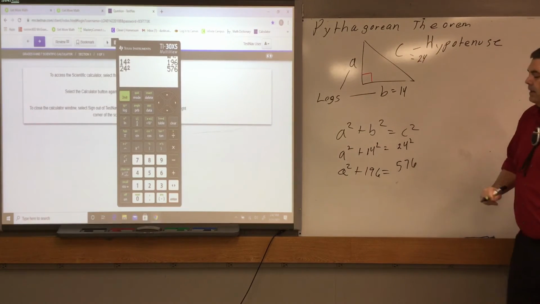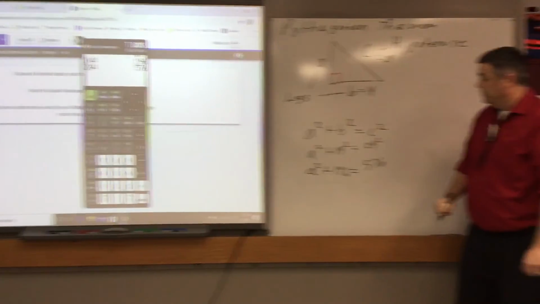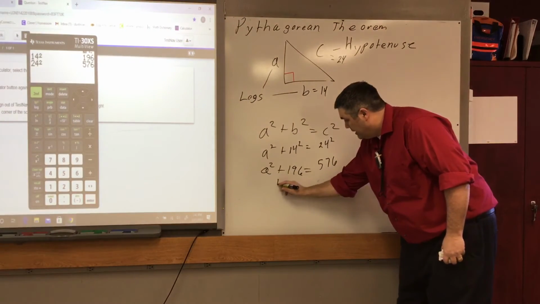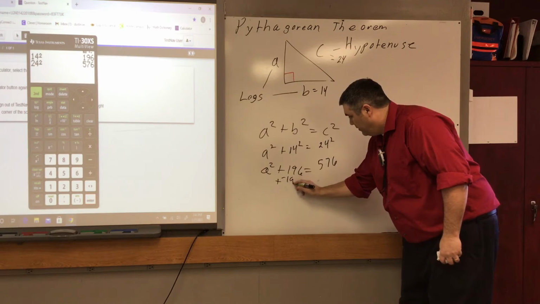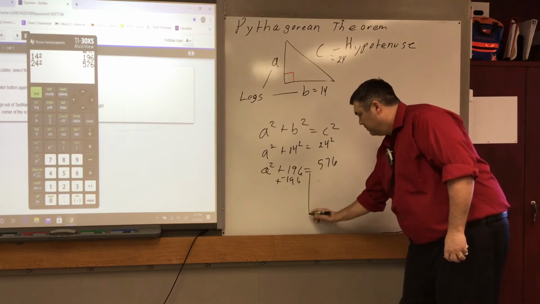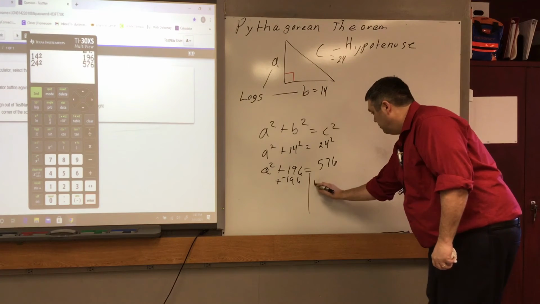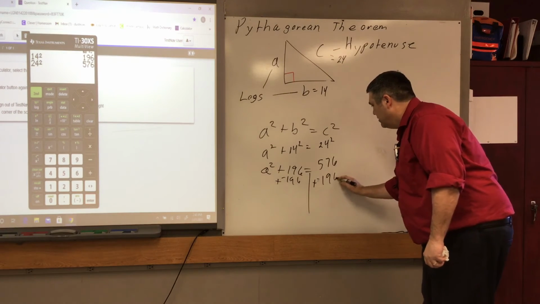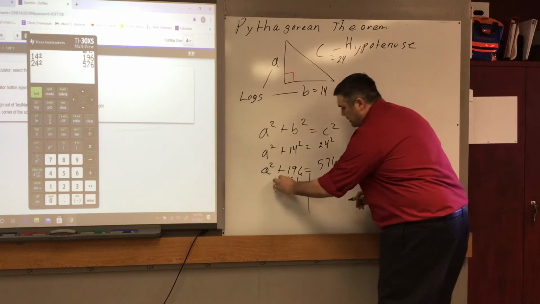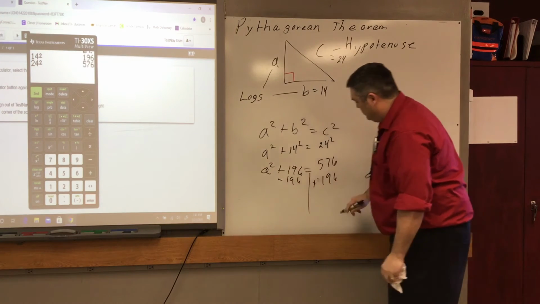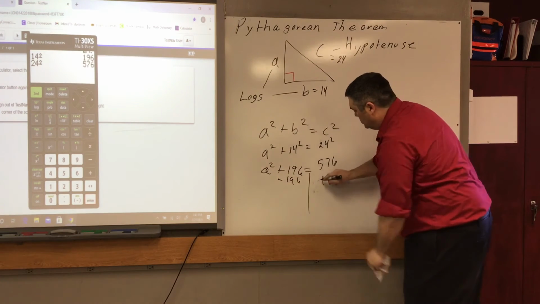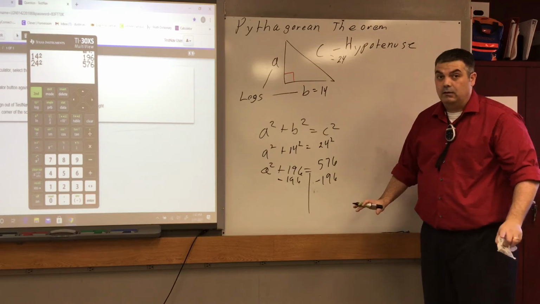All right. So from here, what you're going to do is add the inverse of 196 to both sides, because that'll cancel this out right here. So plus negative 196. The other thing that you could have done is just subtract 196 from both sides. Those two things are the same thing.